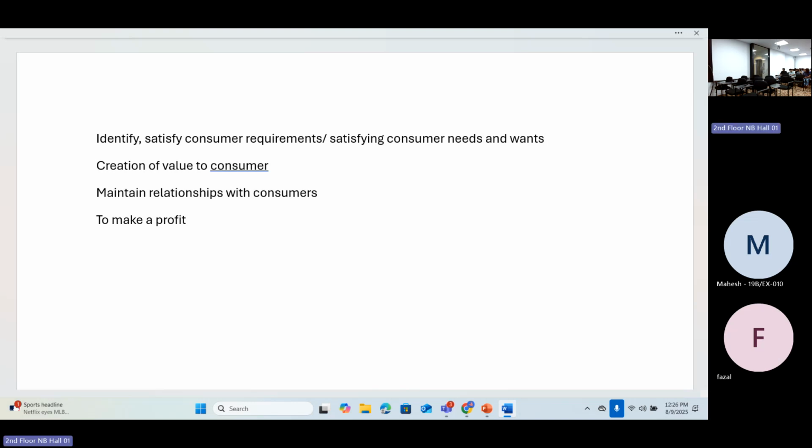Then in the fourth one, it highlights the flow of goods and services from producer to consumer, right? So that means I will put it as creation of products and services.